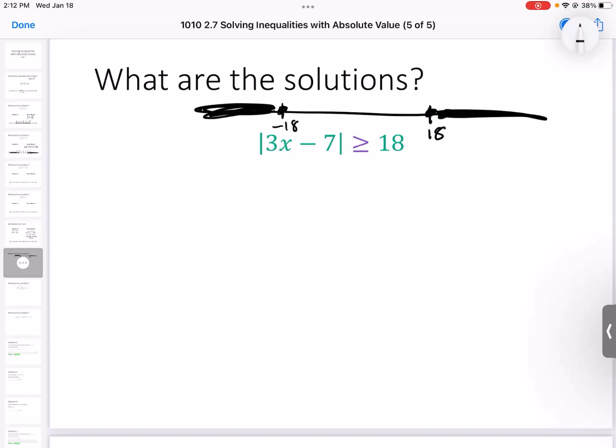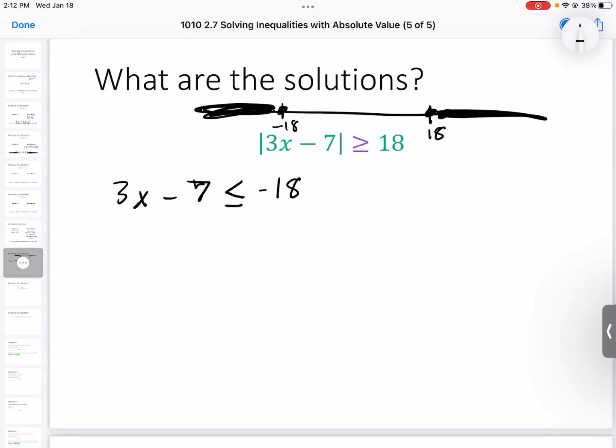So since I have two parts to my number line, I'm going to write two different inequalities, which goes back to what you were saying earlier. One of my inequalities is going to be that 3X minus 7 has to be less than or equal to negative 18. That's corresponding to this part of the number line solution.